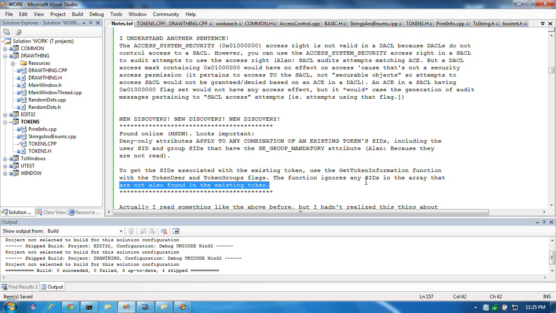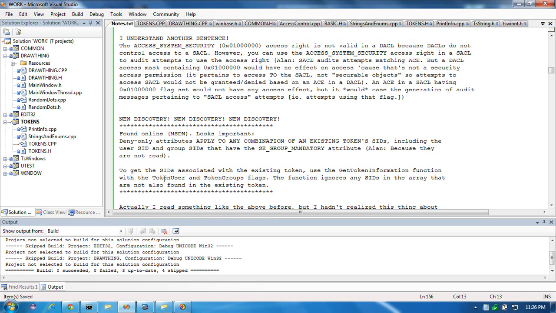The function ignores any SIDs in the what array? I don't know.